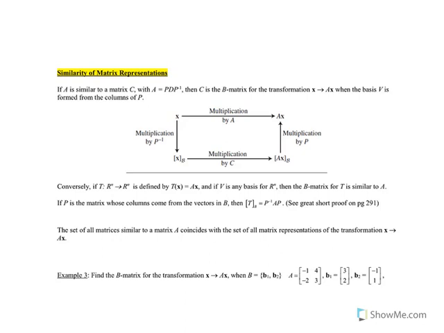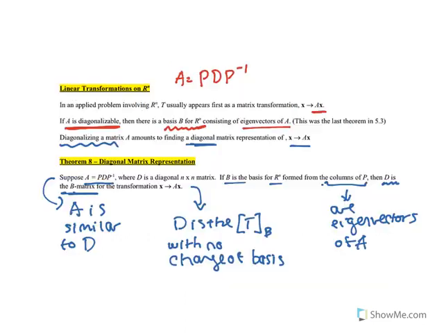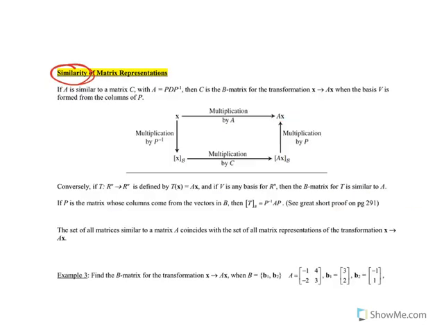All right, so what if then we're just dealing with similarity? Now here is the difference. What we just said back here was that A is diagonalizable. D is a diagonal matrix. And this also means A is similar to D. But what if I just know that A is similar to a matrix C? Okay, so if you want to rewrite this, this should say A is PCP inverse.